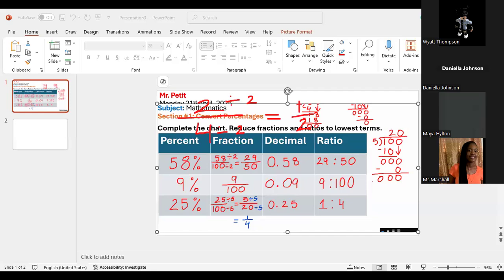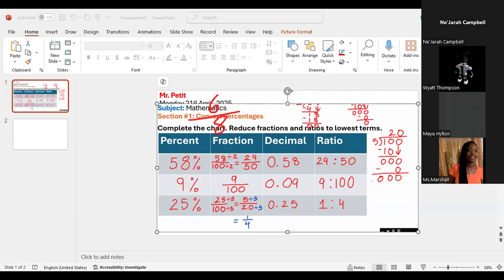Okay, what do you have for 6 over 8? How could you simplify that? 3 over 4. What number are you going to use to simplify it? 3. 3 can go into 6 and 8?